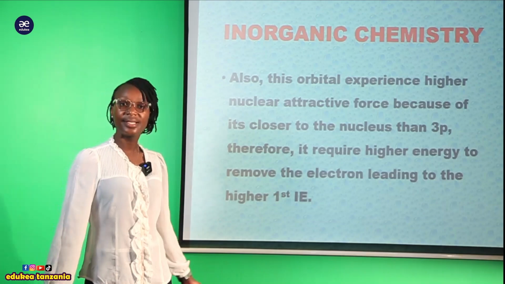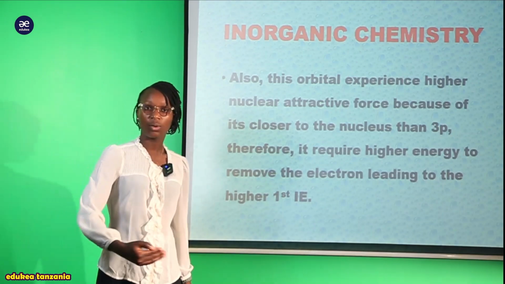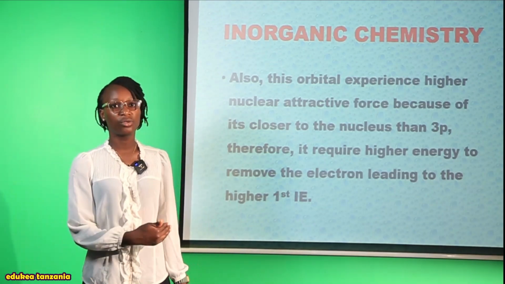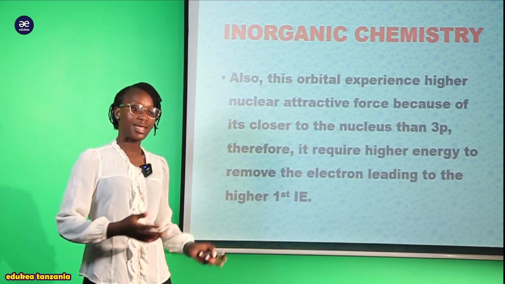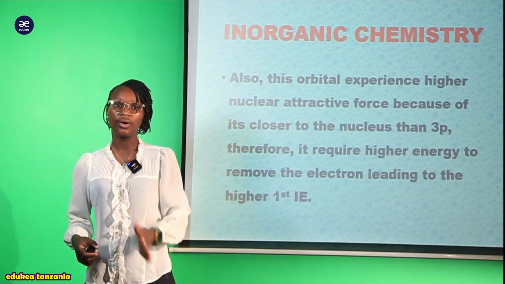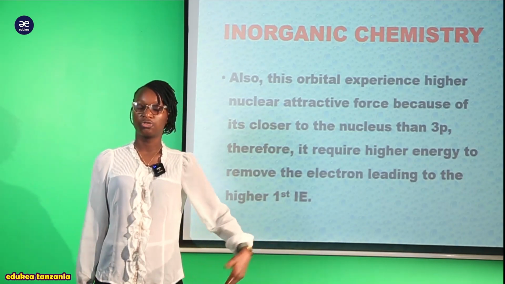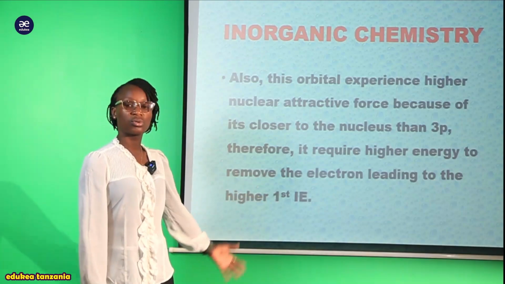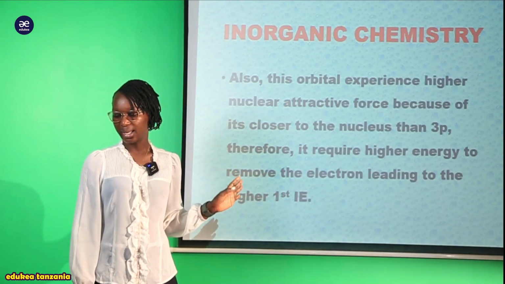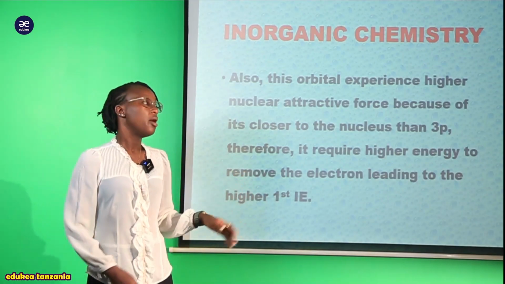Lakini tunapokuja kwenye hizi unaona kwamba ile trends yake inakuwa ni tofauti. Haifollow ile ambayo tunajua sisi kwamba ina increase from left to right across the period. Why? Ndo hapa sasa tunasoma hizi sababu zake na reasons zake. Kwa hiyo this is for the magnesium.